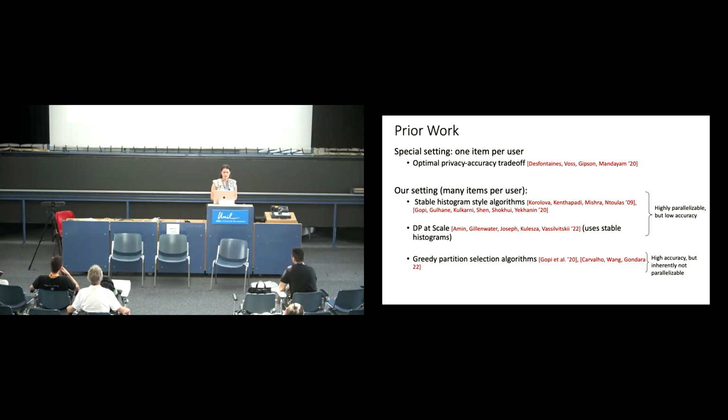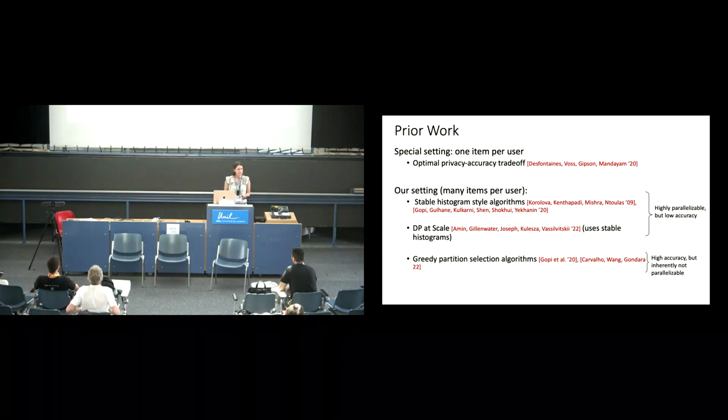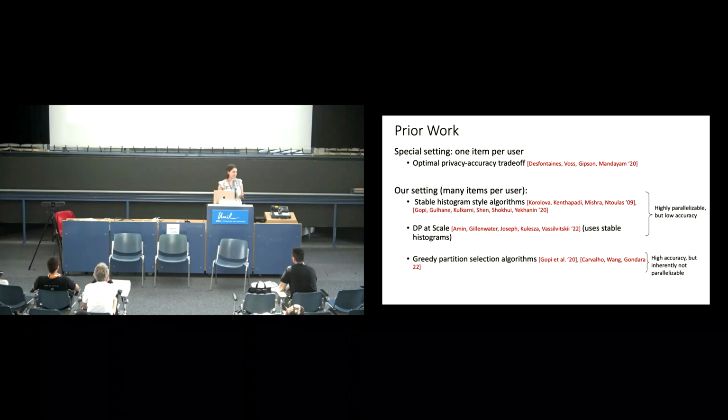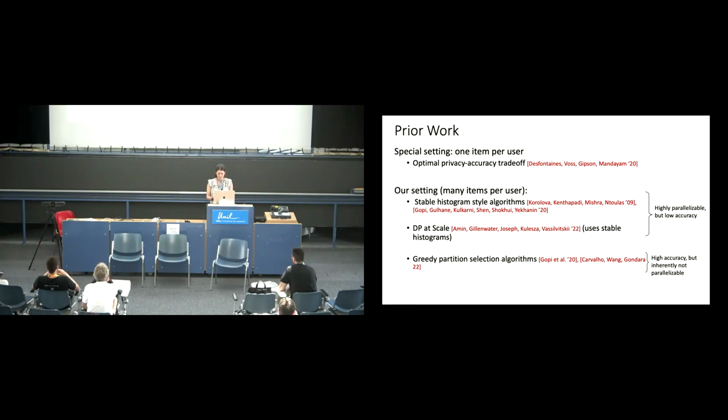The first are these stable histogram type algorithms that are highly parallelizable, and they work well on industry-sized data sets, but they tend to have lower accuracy than this other type of algorithm, these greedy partition selection algorithms that have really high accuracy, but inherently just can't be parallelized. So you can't kind of run it on a large cluster.